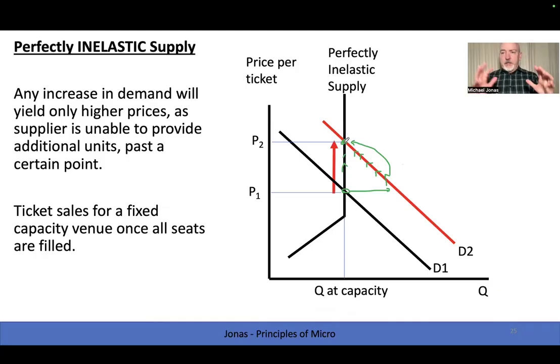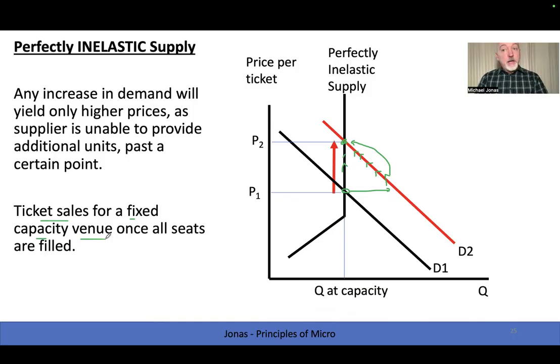So this would be the case in basically any production process at a very, very short time frame. If you just have a day to increase production, you're not going to be able to do it. Another easy example of a scenario like this would be ticket sales for a fixed capacity venue. So Super Bowl tickets.